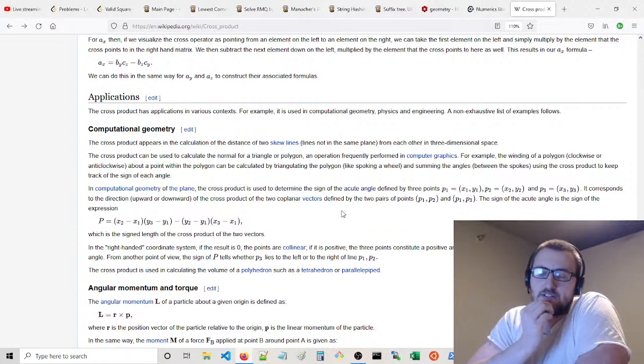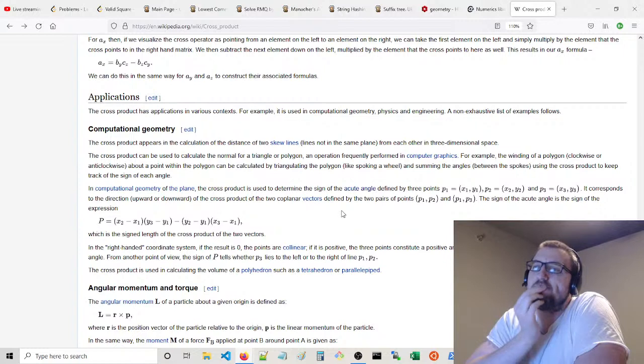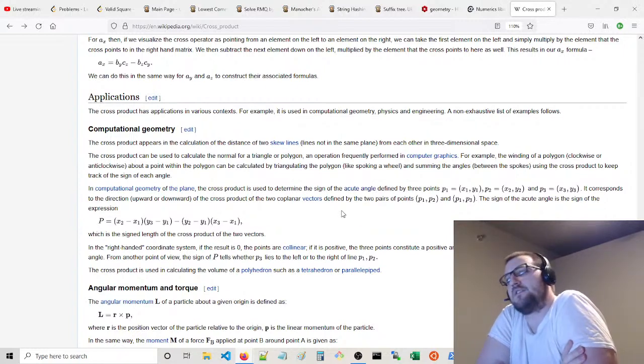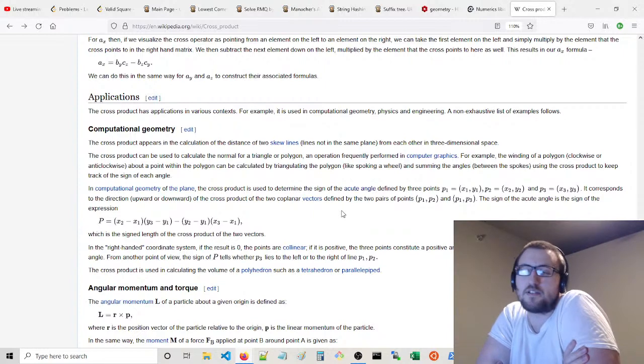Well, the thing is, I guess you could say, you just need to associate with that particular point that vector from that point, right? So each point will have a vector coming out of it.